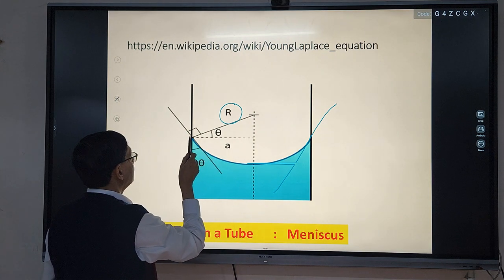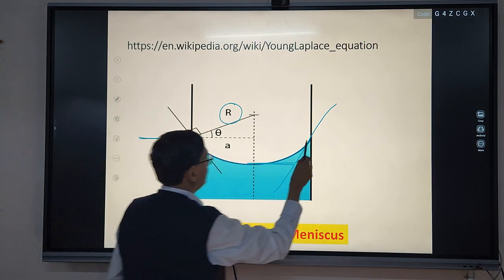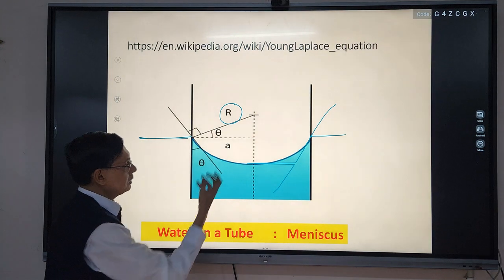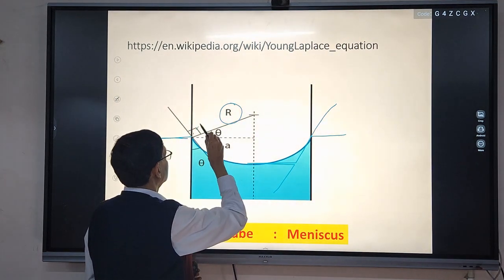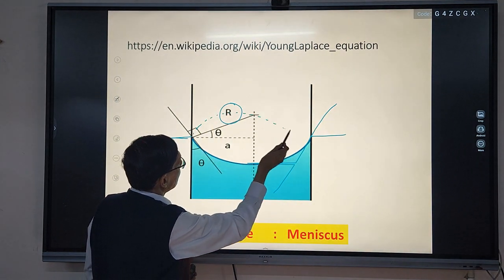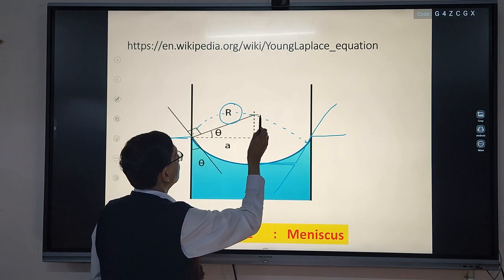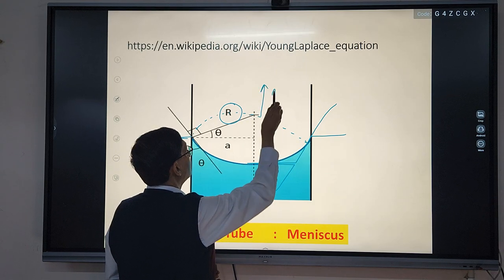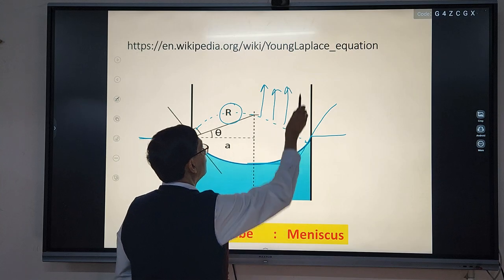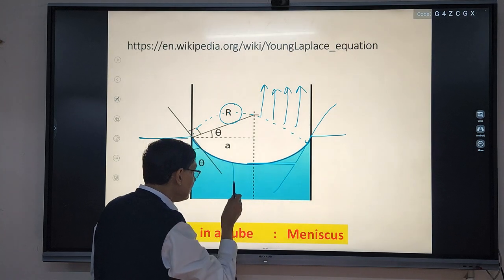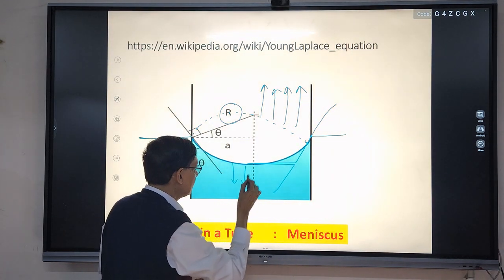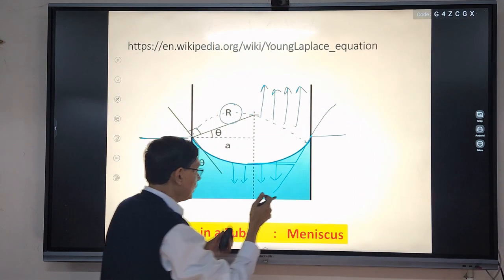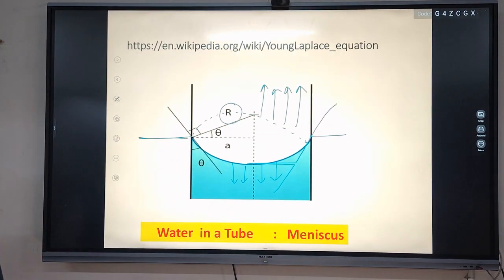As I told you, you can also calculate the meniscus and other things, the resultant. So there are two types of force. One is the upward pull due to surface tension, and the other is the weight of the liquid. So we have to balance these two forces.